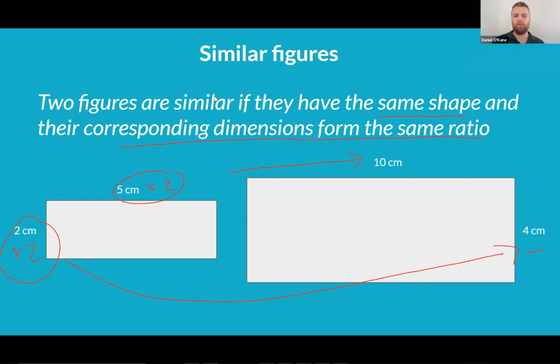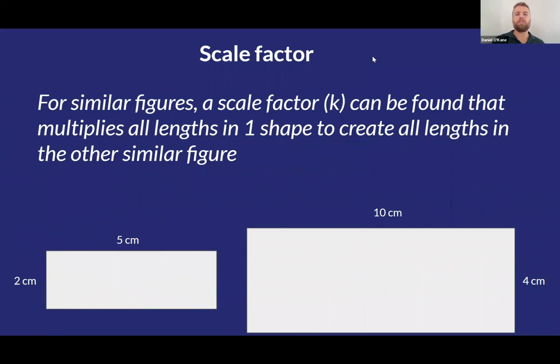Right, clear the board. When we talk about scale factors and similar figures, a scale factor, which normally in textbooks you'll see referred to as the letter K, can be found so that it multiplies all the lengths in one shape to create all the lengths in the other similar figure.